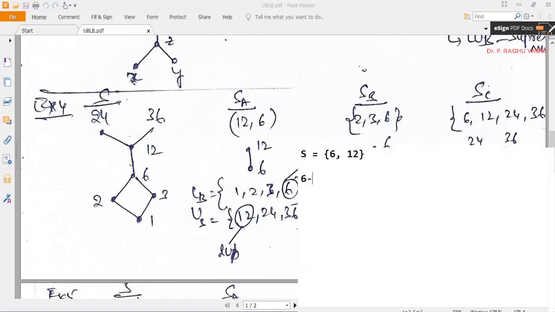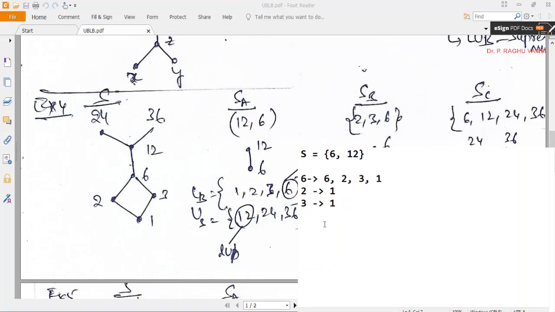You can also add 6 because of reflexivity. 6 with 2, 3, 1, which are the elements below 6. Coming to 2, below 2 is 1. Coming to 3, below 3 is 1. So coming to 6, below are 1, 2 and 3.